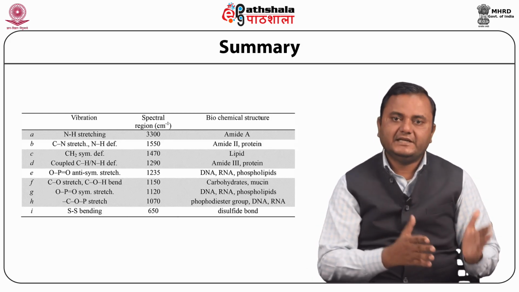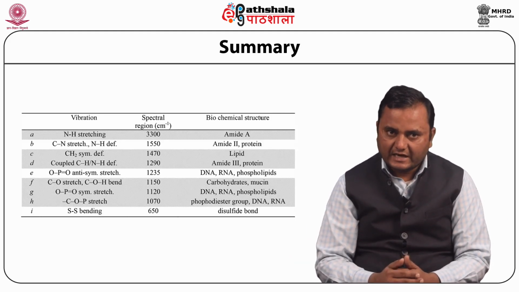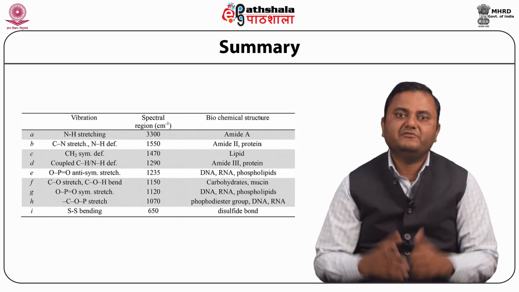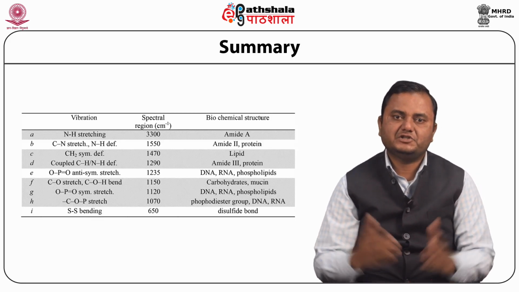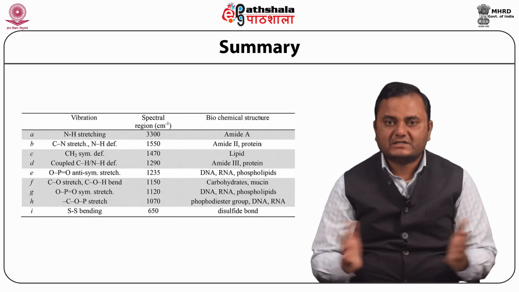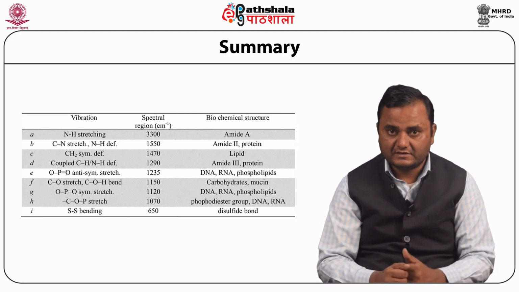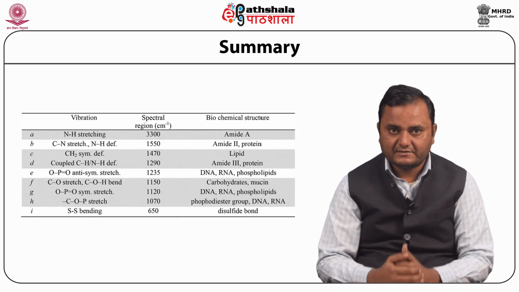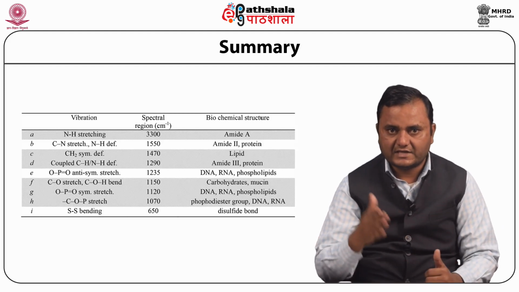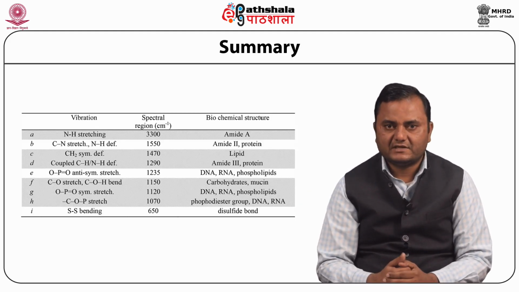If we talk about DNA, RNA and phospholipids, in the case of nucleotides there is OPO antisymmetric stretching, and it gives a spectral peak in the region of 1235. If we talk about carbohydrates such as mucin, because of carbon-oxygen stretching and carbon-oxygen-hydrogen bending, a peak at 1150 per centimeter is observed.